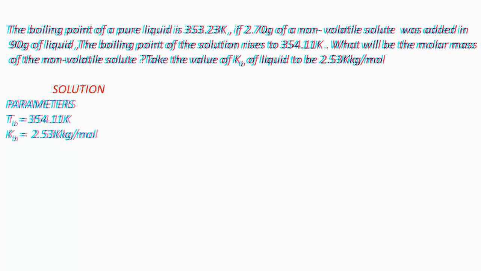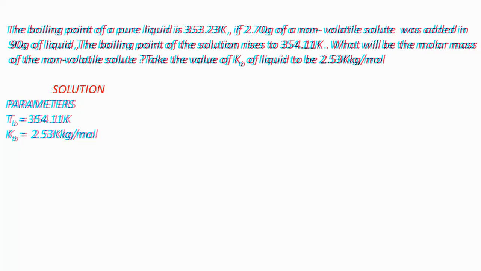And if you look from the beginning of this question, it said the boiling point of a pure liquid is 353.23 Kelvin. This should be the first parameter we got.